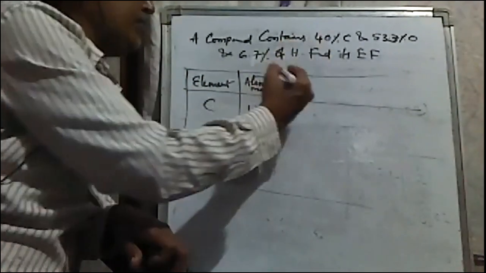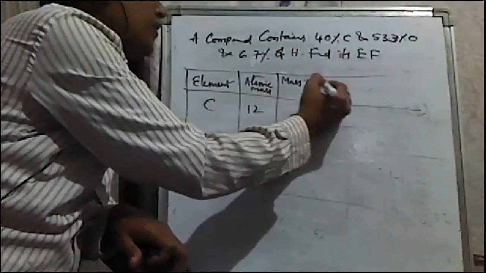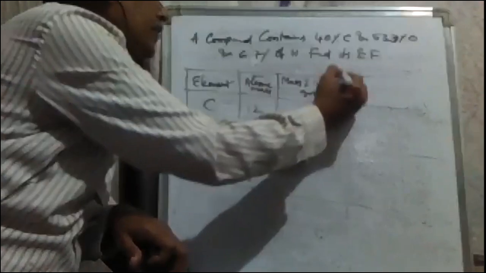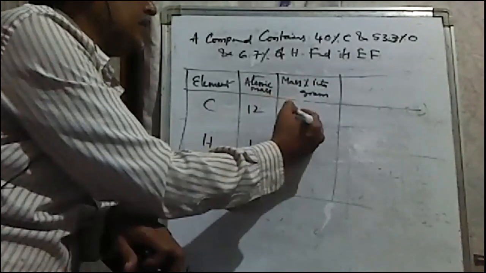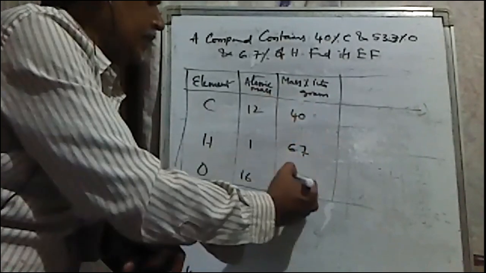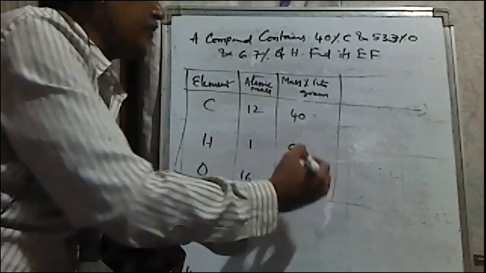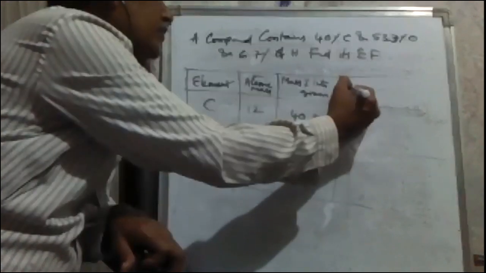Then what is the first step? Convert the mass percent into grams. Here it is 40, here it is 6.7, then it is 53.3. Now convert these grams into moles.